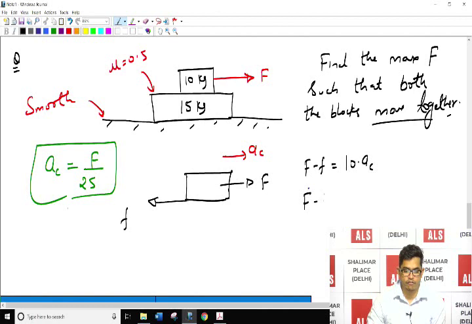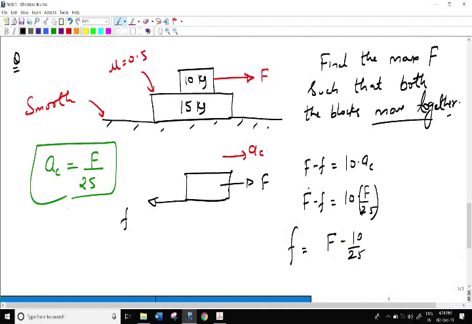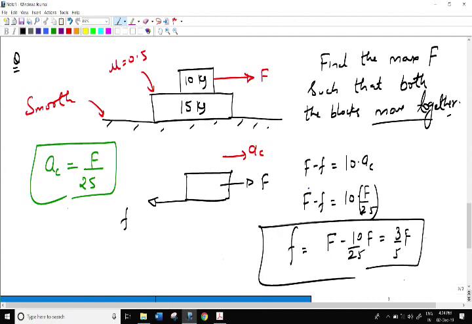So capital F minus small f is 10F by 25, which makes small f equal to capital F minus 10F by 25, which is 2 by 5 capital F. So it will be 3 by 5 F. Is that clear? The required friction will be 3F by 5.